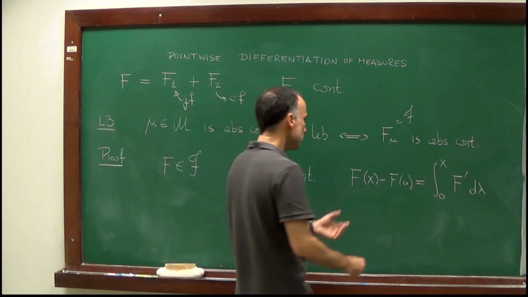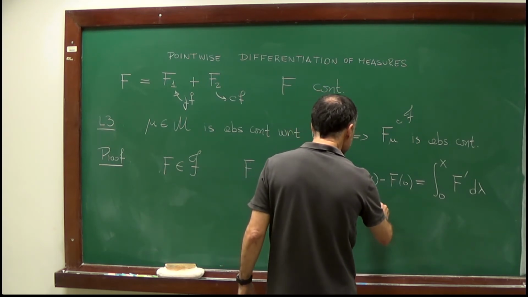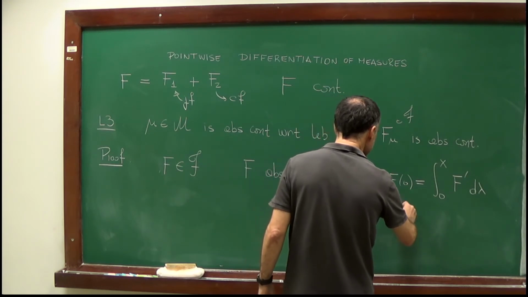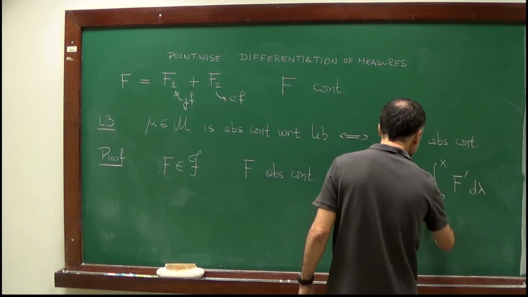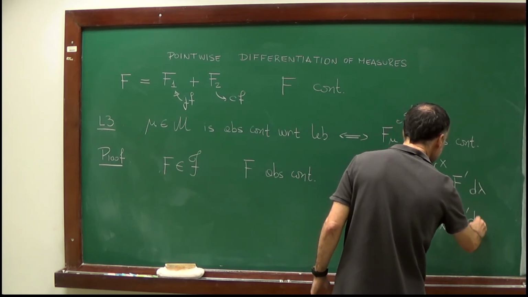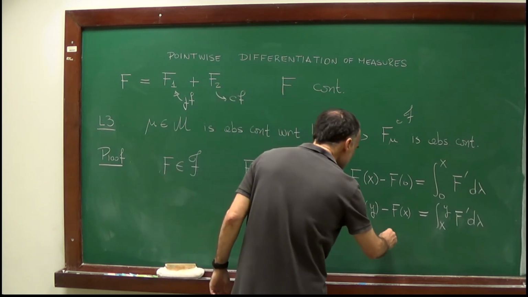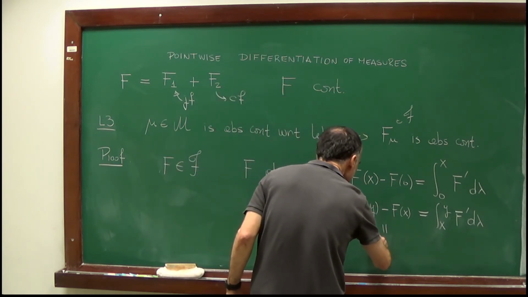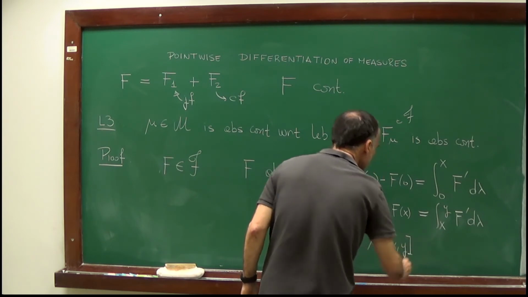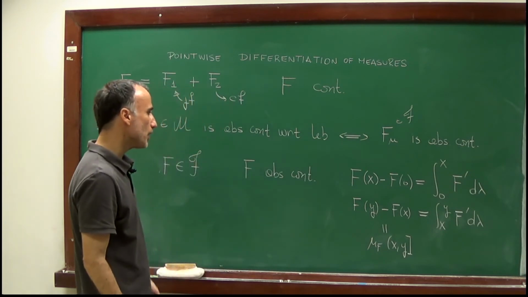And this is mu. So, more generally, f(y) minus f(x) will be given by the integral from x to y of f prime d lambda. And this is mu_f of the interval (x,y]. So mu_f of the interval (x,y] is given by this formula.